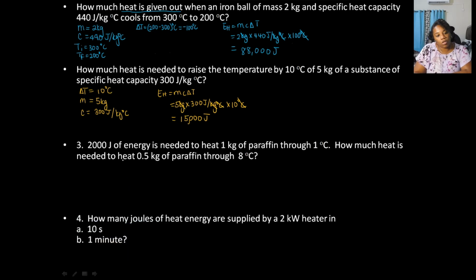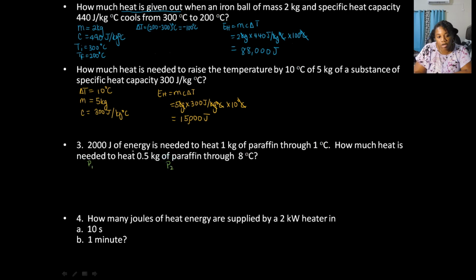Alright, so 2,000 joules of energy is needed to heat 1 kilogram of paraffin through 1 degree Celsius. How much heat is needed to heat 0.5 kilograms of paraffin through 8 degrees Celsius? So we're dealing with the same material, okay? So we're going to say paraffin 1 and paraffin 2.